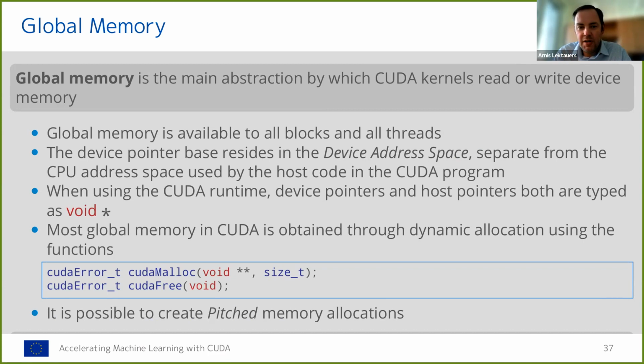Device memory is defined in the device address space, and actually the device address space is unified with the host address space, and that means that the software developer does not have to think directly about any separation between device and host memory.